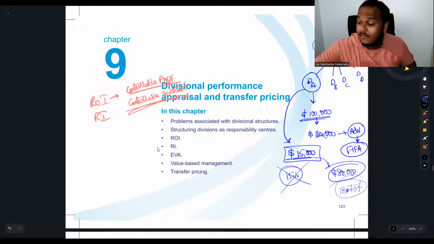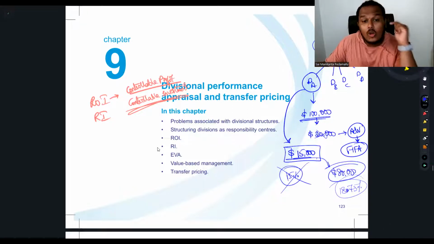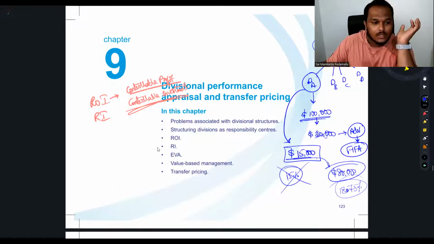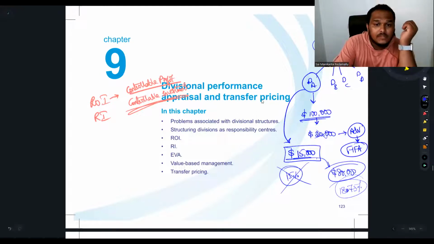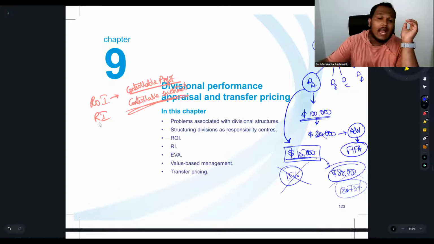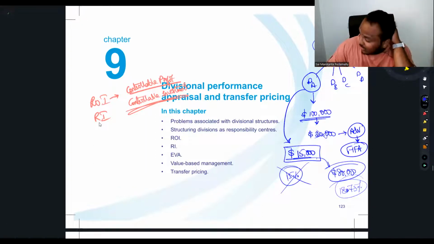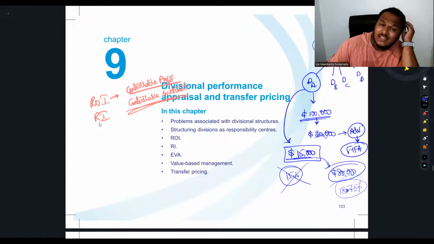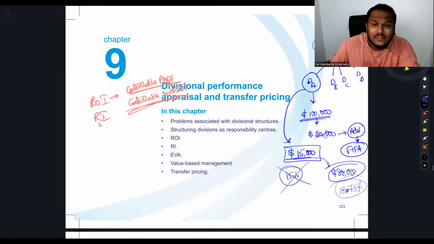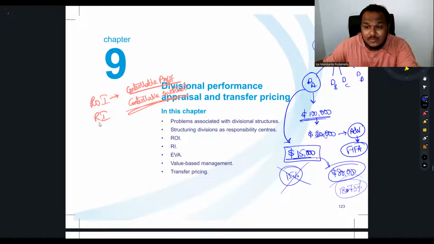So that is why ROI is basically controllable profit by controllable investment. If something is out of the control of a particular division's manager, we will not consider that, to eliminate that nonsense part. And then you have this explanation in your APM Kaplan textbook, wherein they talk about how, because of depreciation, the value of the investments, the value of the denominator, keeps decreasing every year.